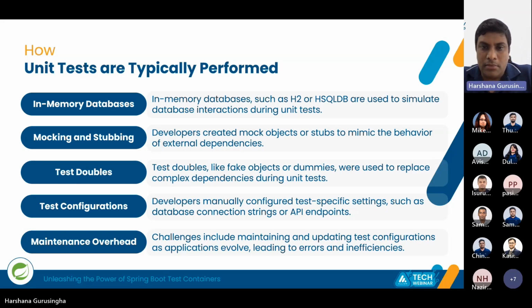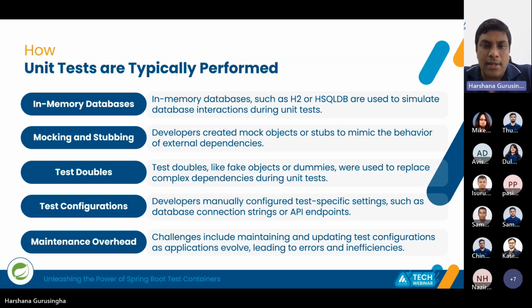In unit testing, many developers often manually configure test-specific settings such as DB connection strings or API endpoints. This manual setup can lead to inconsistencies and complex issues across different environments, making tests harder to maintain and execute reliably.